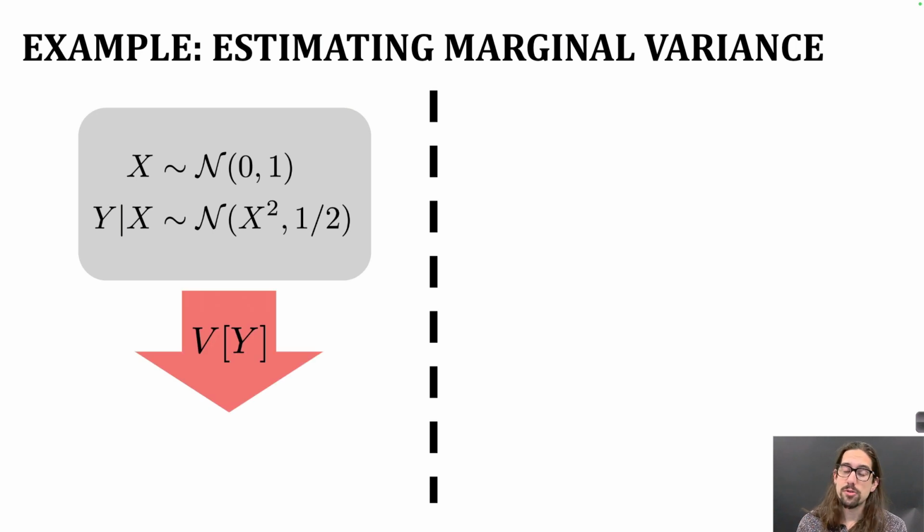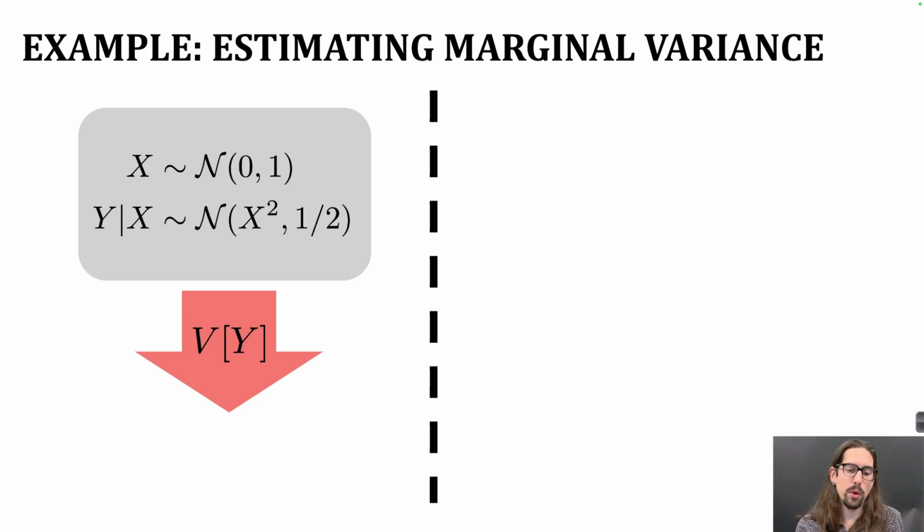What I do know is that I'm interested in the marginal variance of y. So maybe y, for example, is some biomarker, and I want to know how variable this biomarker is in my population. Is it the case that most people have the same value of this biomarker, or is there some variability? Because if there is, then maybe that's being caused by some underlying disease where the healthy state is a low level of this biomarker and the disease state is a high level.